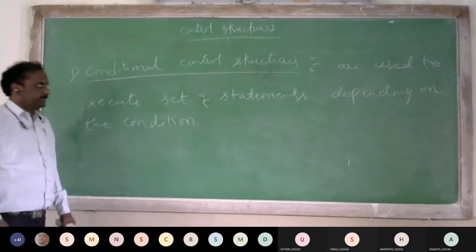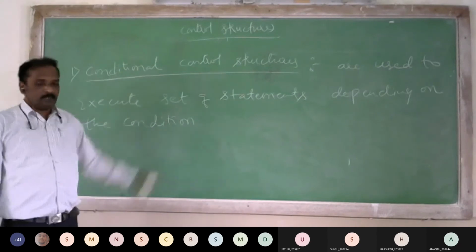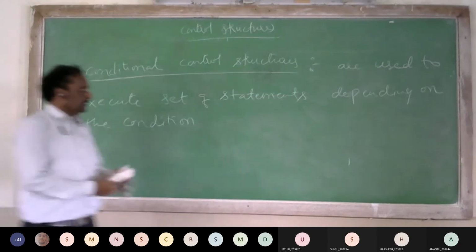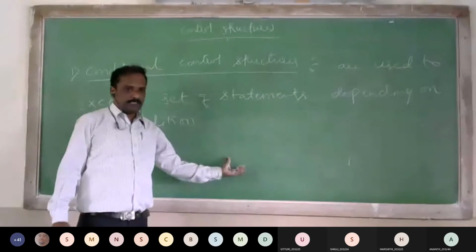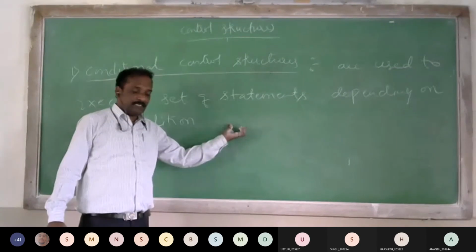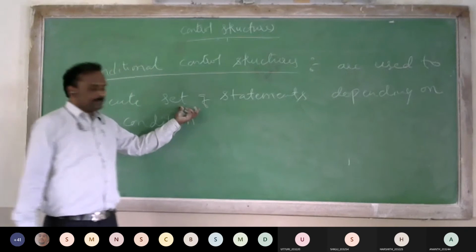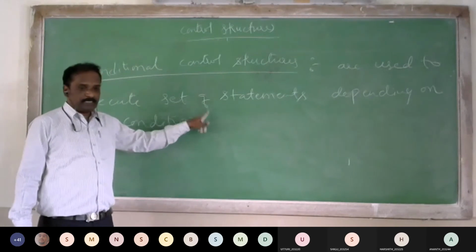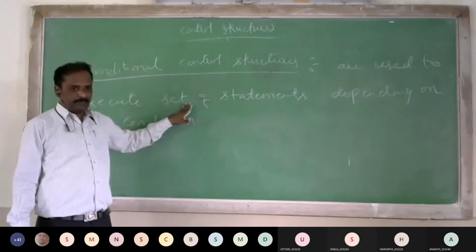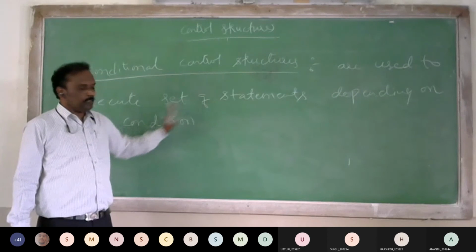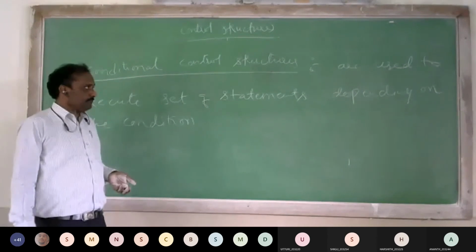So depending on the condition, if the condition is true, some set of statements are executed. If the condition is false, some another set of statements are executed. Here set of statements may be one statement or more than one statement.